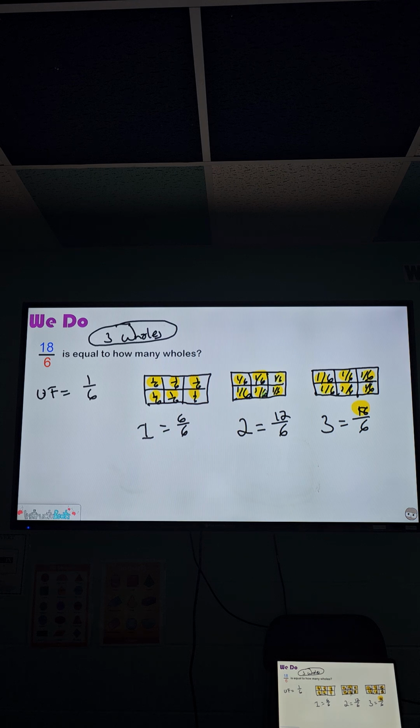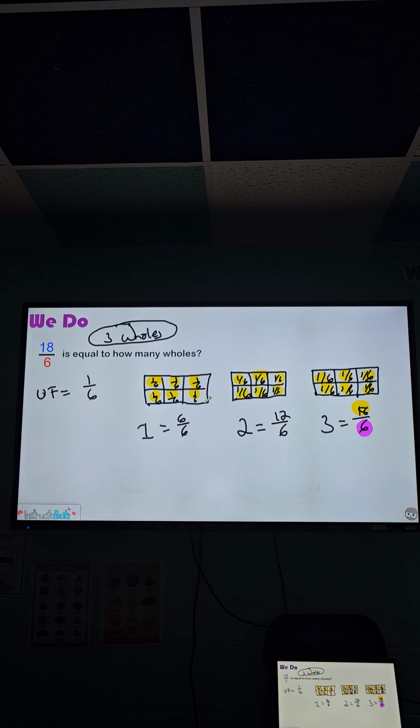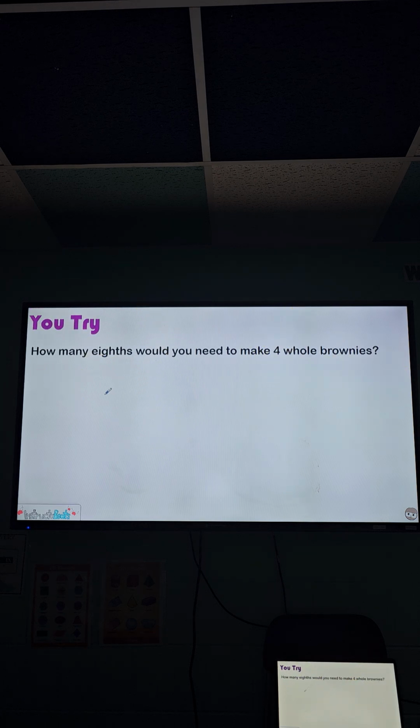You always have to remember that the denominator tells you how many total pieces 1 whole is split into. So this 1 whole is split into 6 pieces, this 1 whole is split into 6 pieces, and this 1 whole is split into 6 pieces. So that's why my denominator stays 6. My unit fraction was 1/6, that's my building block, and I needed 18 of those to build 3 wholes. So you can use the pattern, or you could draw an area model to help you. Alright, so here's our you try problem.